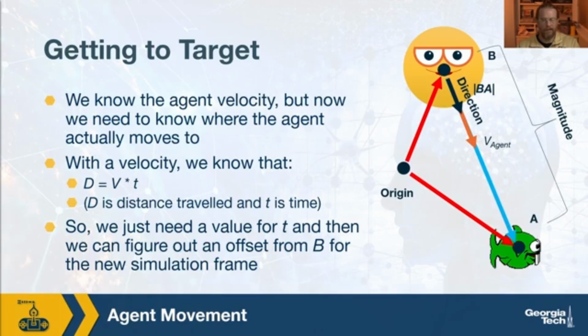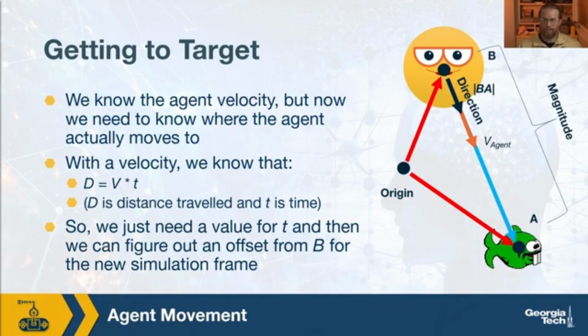So we're trying to figure out the distance to travel offset from the current position B of the agent. And we have a velocity that we just calculated. We don't have a t value though. So we just need to decide what our t value is, and then we can figure out this offset from B, assign that, let the game loop run, and then do it all over again.